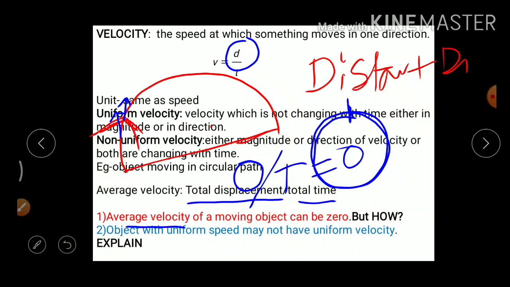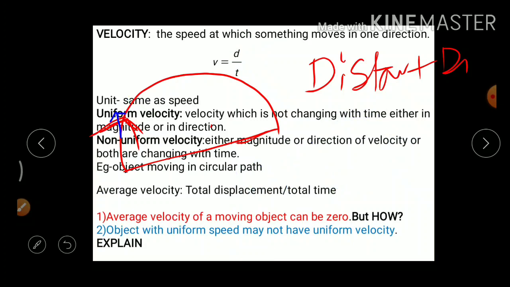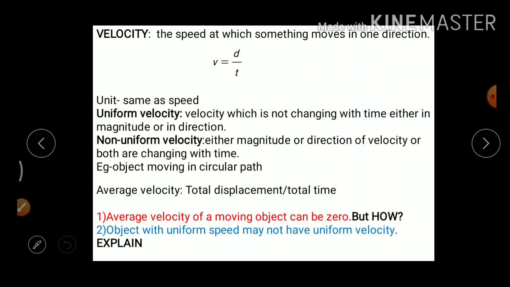Suppose a particle is moving in a circular path, but not a complete circle. Suppose the particle is moving this way. In this way there is also a distance and a displacement, but its direction is always changing.